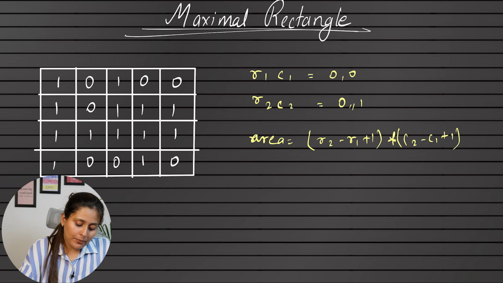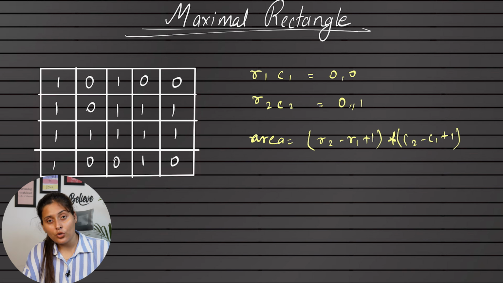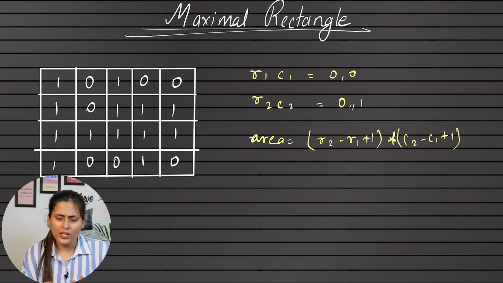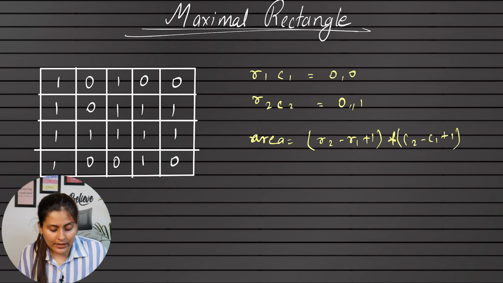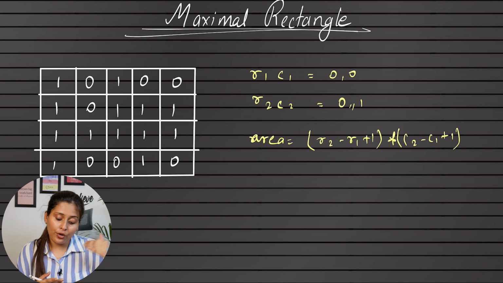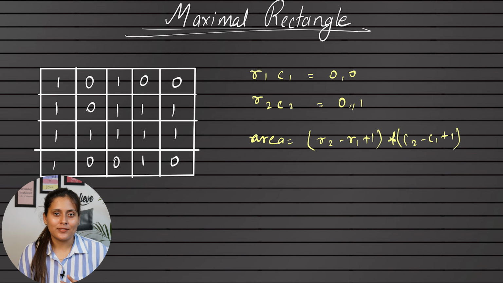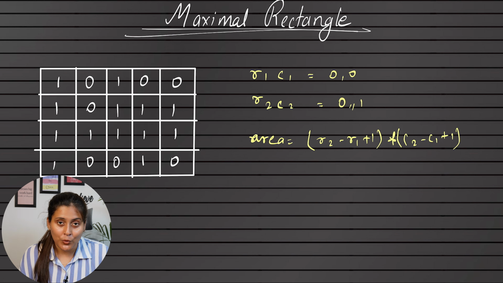But we will learn in graph also that a 2D matrix can be considered as a graph. So when I saw this problem for the very first time, I actually got confused about how someone can think of it as either a matrix or a graph, but how someone can think of applying the stack data structure here. But later on I got to understand, and that exact reason I'll tell you.